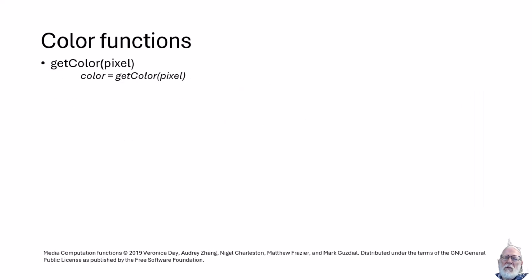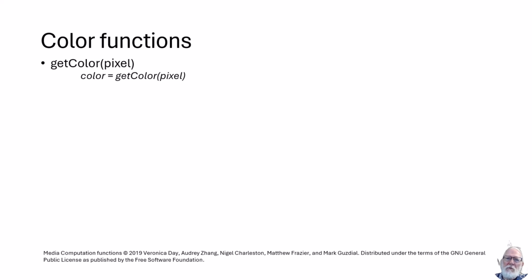So let's look at the various media computation functions that we have available to us to work with color. The first is that we can, given an individual pixel, if we have previously in our program stored a pixel into a variable called pixel, it could be anything, I'm just using that as an example, we have a getColor function where we can inquire as to what the color of the pixel is.